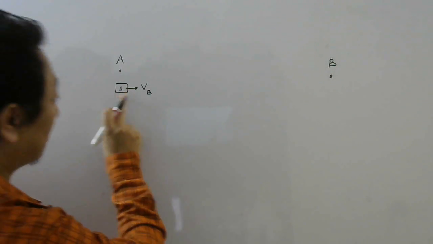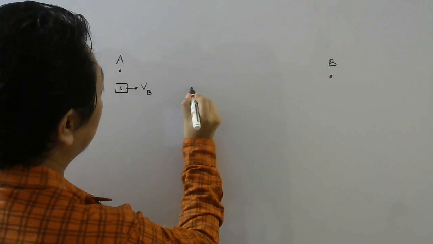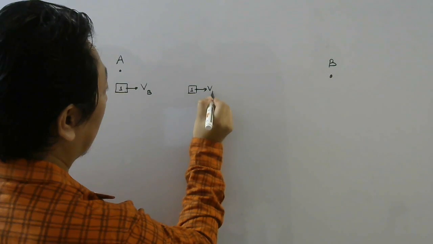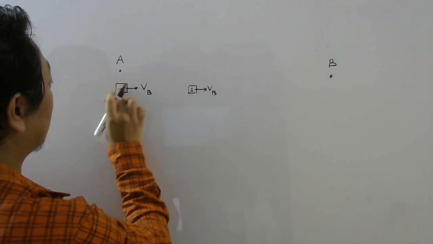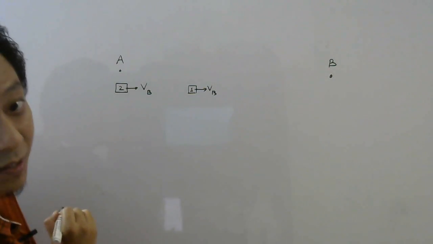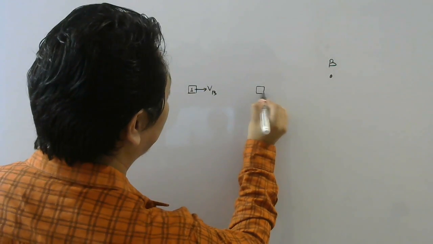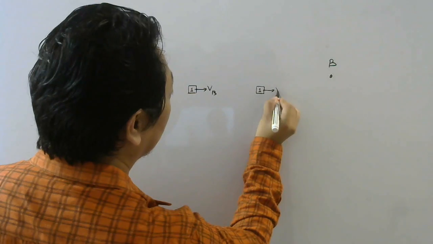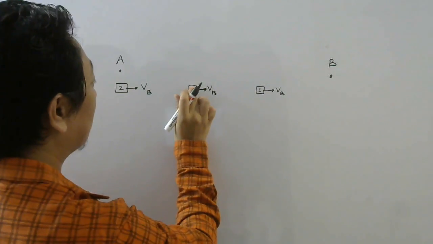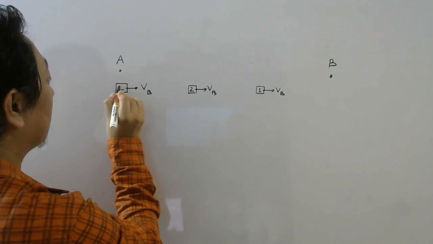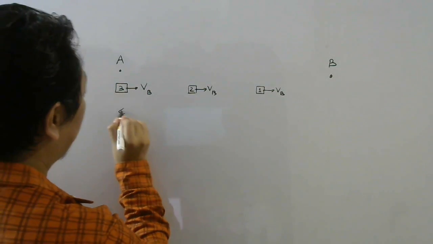So first bus starts, then when first bus reaches here, let's assume after T minutes, the second bus starts. Then after again T minutes, this bus will reach somewhere here, right? And by that time, second bus will reach here, and third bus will be starting. Now what will be this gap?